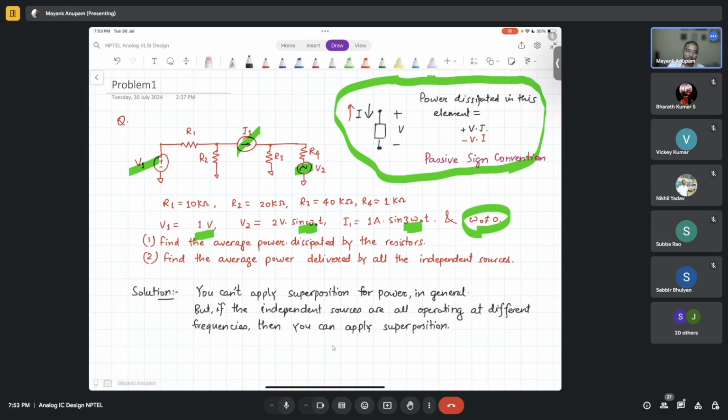The current will be understood as positive current only when it enters from the positive side and leaves the negative side.